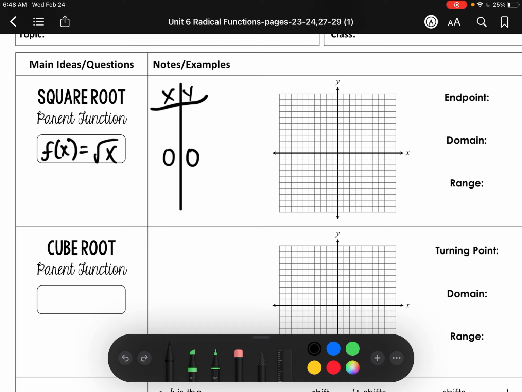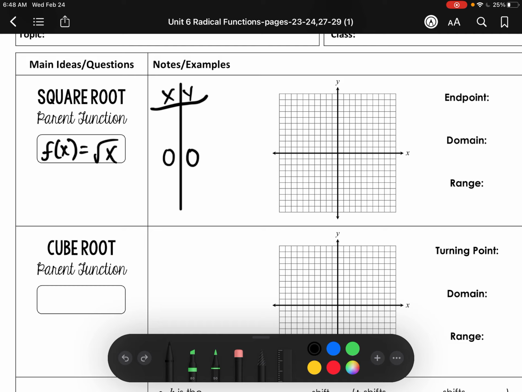So if I were to plug in the square root of 1, I would only be using positive 1. Now that would change if, for example, you get the negative square root of x. That would be the negative root that you would be using there. But for these purposes and for radical functions that are just parent functions, you are going to be using the principal root or the positive root that you get from each input.